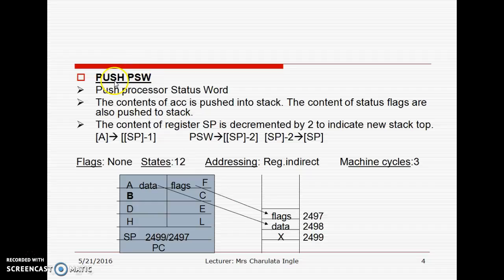The only difference between PUSH RP and PUSH PSW is that we replace the RP, that is a valid register pair, with the PSW, that is the accumulator as the higher order register and the flag register as the lower order register. In a similar way as previously discussed, the data in the accumulator will be copied to the SP-1 memory location, whereas the data in the flag register will be copied to the SP-2 memory location, and the new stack pointer will be SP-2, that is 2497.